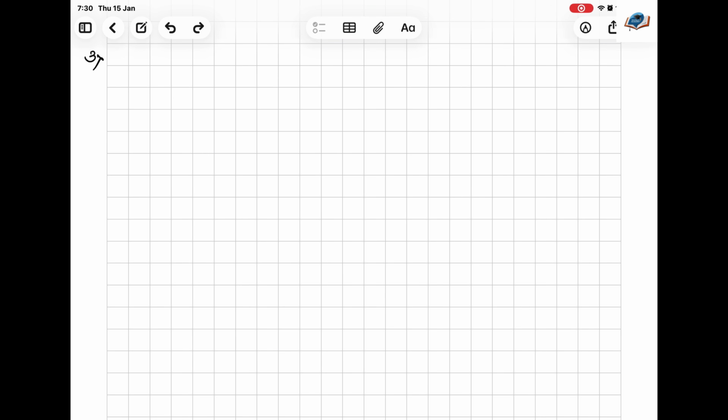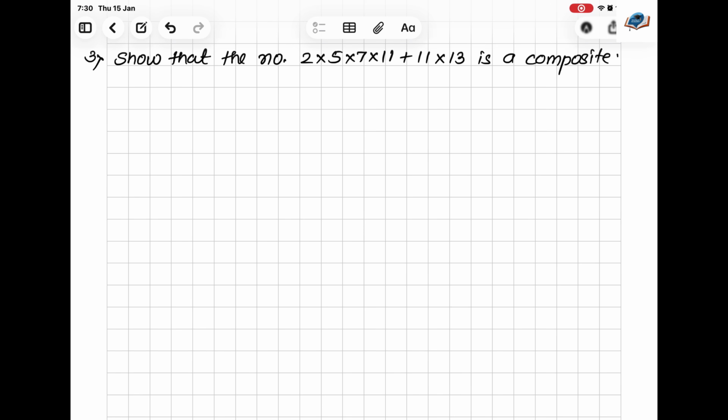Now the third question says that show that the number 2 into 5 into 7 into 11 plus 11 into 13 is a composite number. So here, if you see carefully, 2 into 5 into 7 into 11 plus 11 into 13.